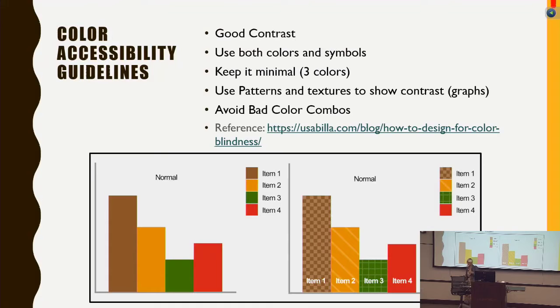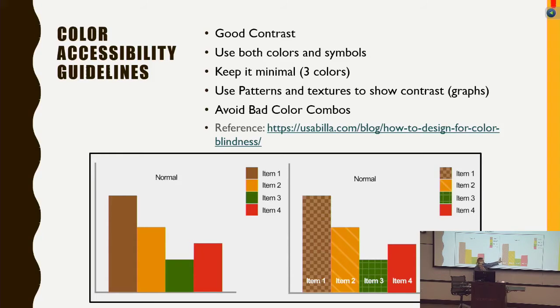Other things to think about. How many of you use graphs in your classes? When you just use color, that's very hard for somebody who's colorblind or has trouble seeing. It's much better to use a combination of patterns and color when you create graphs.